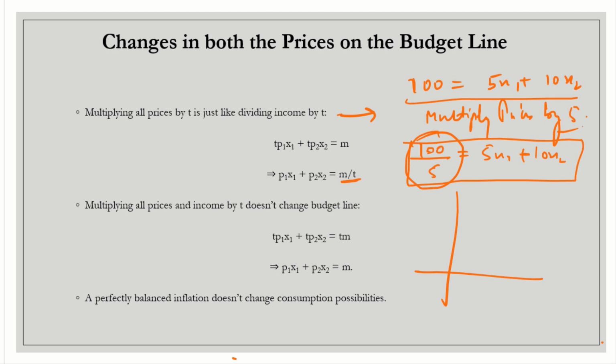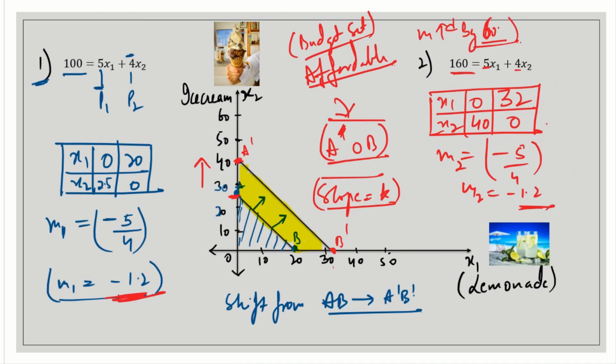If on the budget line this was my budget line, and my M is getting divided by T, that essentially means I'm talking about what we had discussed in the case where our income was shifting. So can we think of this case as similar to that one?